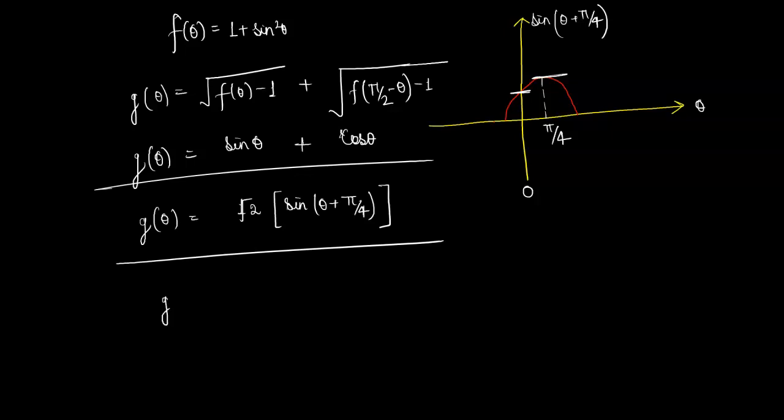So theta equal to 0 gives the minimum value, which will be 1, and theta equal to pi by 4 gives the maximum value, which will be root 2. So for p(x) we have two roots, 1 and root 2.